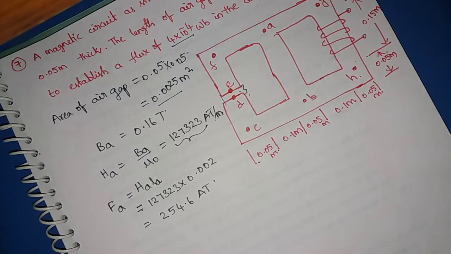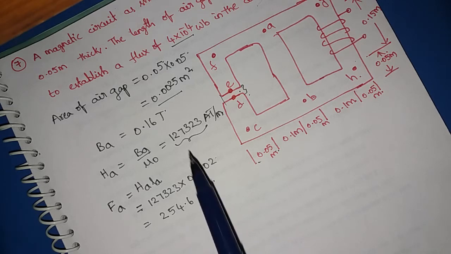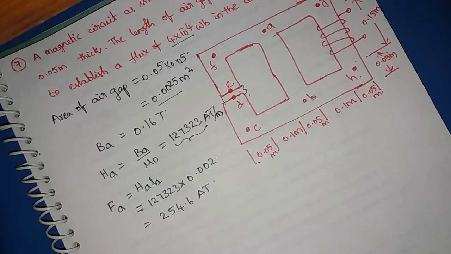Yes, from the figure, now what is the total length of the path? That is, the flux density in the path AE and BD is 0.16, and corresponding to that the field strength is 120 ampere turns per meter. Here he did not give this value.